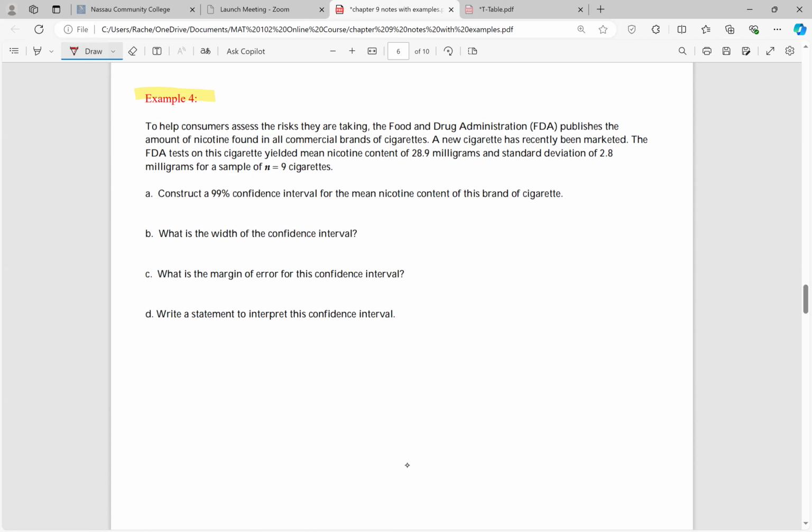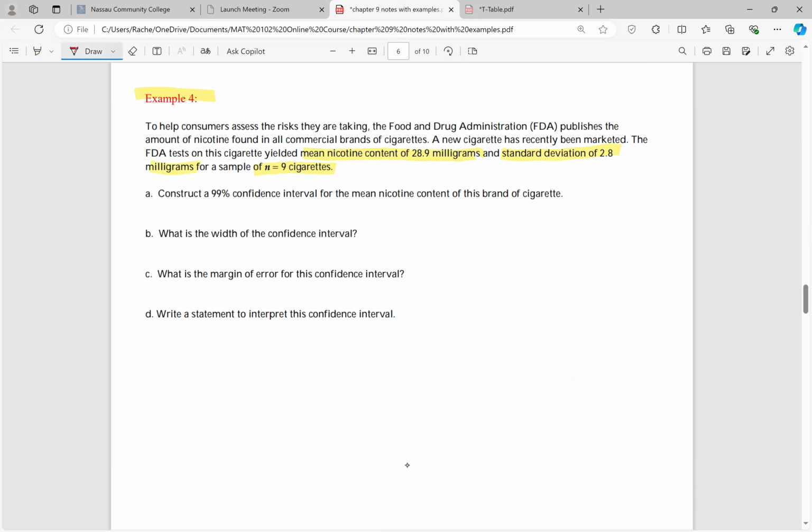So I'm going to use my calculator now. I'm not going to use the formula. Let's save ourselves some time. We'll use the formula built into the calculator. But first we have to extract the important pieces of information, right? So we're looking at a particular brand of cigarette, and for a sample of 9 cigarettes, we were told that the mean nicotine content is 28.9 milligrams, and there's a standard deviation of 2.8 milligrams.